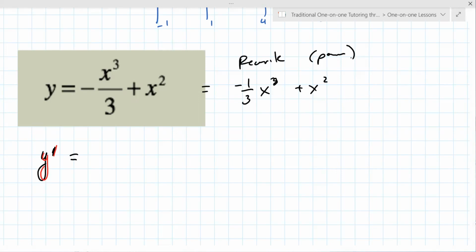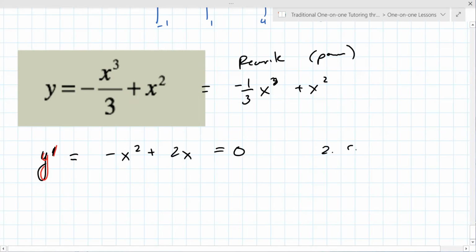So it's negative x squared plus 2x. So what are the two critical points here? Factor out a negative x, and then that's x plus 2. So 0 and -2. You said negative x, didn't you? Yeah, so you have to factor, and that changes the sign of this one also. Oh yeah, you're right. So 0 and 2.